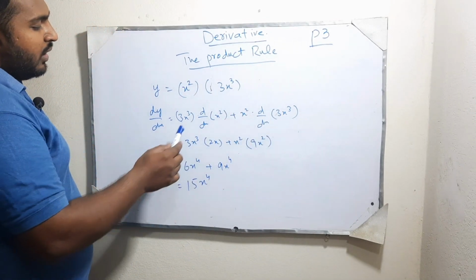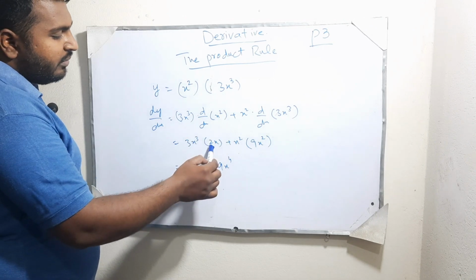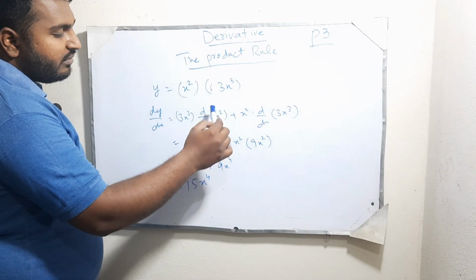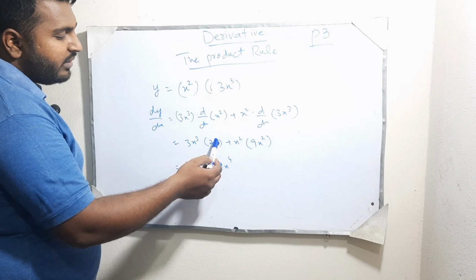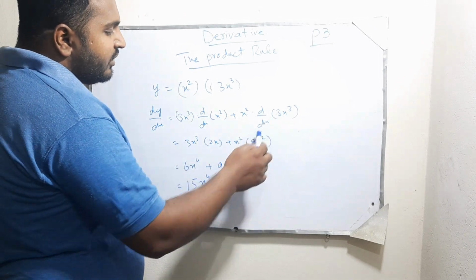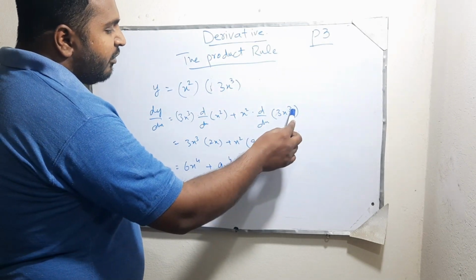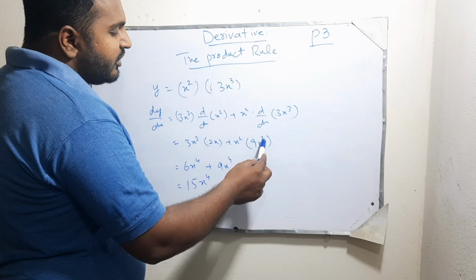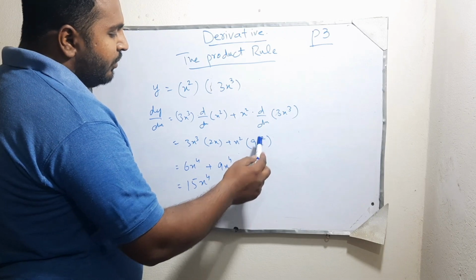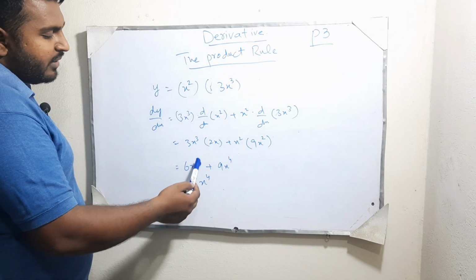Okay. Now the derivative of x square would become 2x, power will multiply here, and from this power 1 will be subtracted, 2 minus 1, it becomes 1. And here also power rules apply, 3 3s are 9, 3 will multiply with this 3, and here from the power 3, 1 will be subtracted, it would remain 2, and we will multiply these two, it would become 6x power 4.